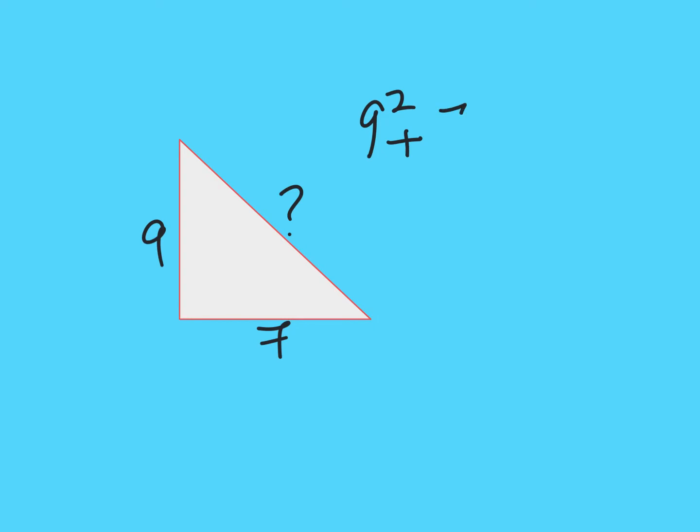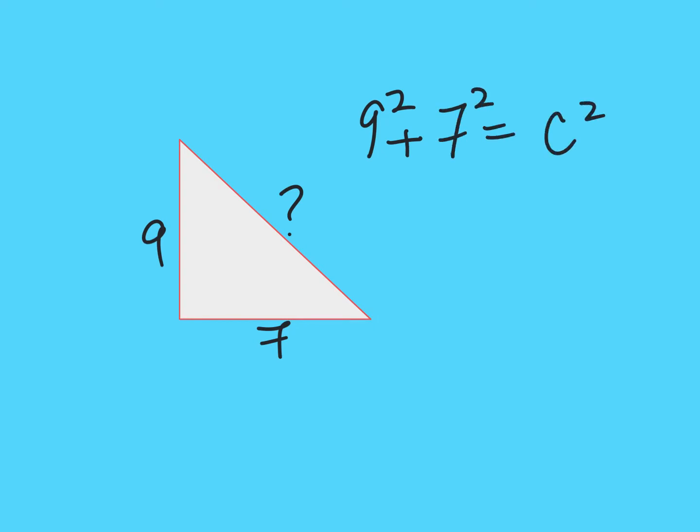So again, let's get a triangle. And I want to tell you that the 2 legs measure, this one measures 9, and this one measures 7. And I'm asking you for this side. So we're going to go 9 squared plus 7 squared equals c squared.